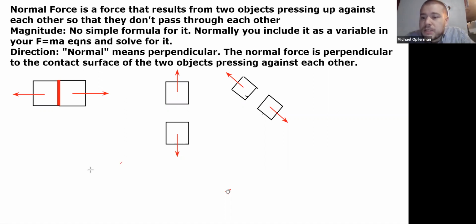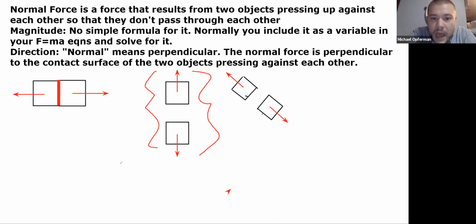One very simple example of this would be actually the same problem I did in the video about apparent weight, because apparent weight is actually often caused by a normal force, or often measured by a normal force, however you want to say it. So let's focus in on the middle case here. Here, you would have the normal force pointing upward, and you would also have the gravitational force pointing downward on both of these guys.